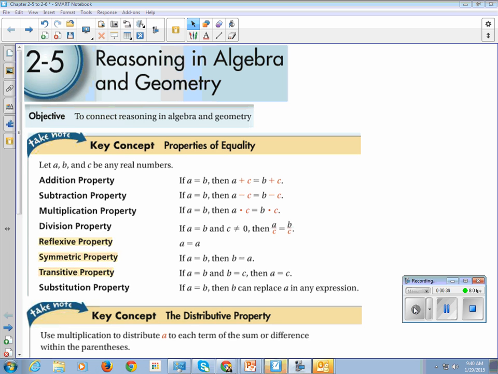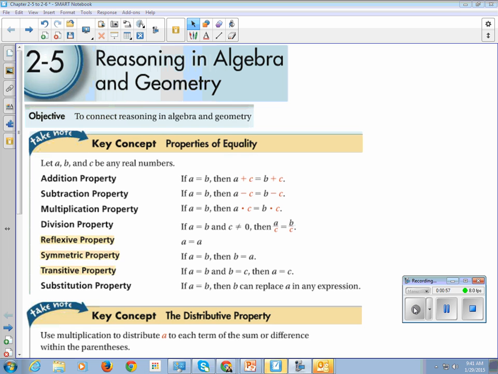All right, so we have kind of left these properties. We touch on them every year in math, and then we leave them alone and don't do anything with them except identify. So we are now going to start using them as justifications. Addition property of equality: if A equals B and I add C to both sides, I still get to keep my equal sign.